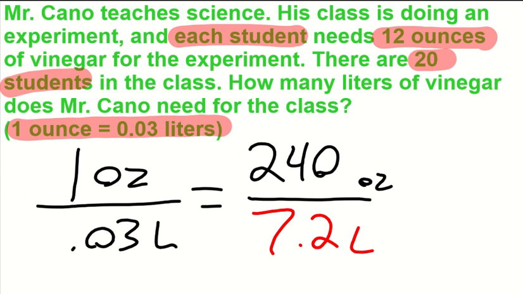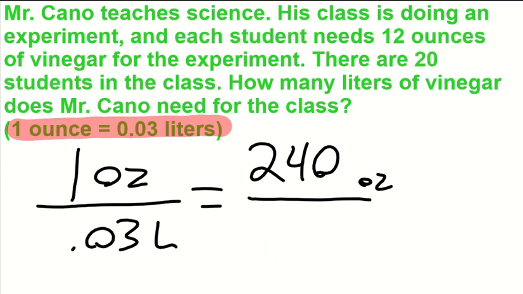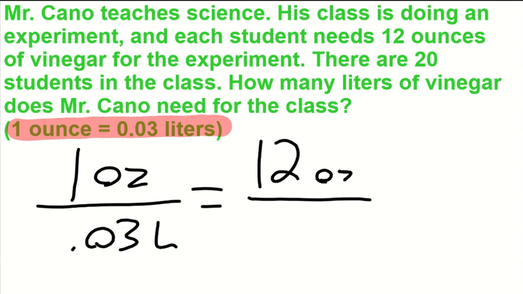If you really wanted, let's say you use that 12. What's 12 times 0.03? 0.36. So that's 0.36 liters per student.